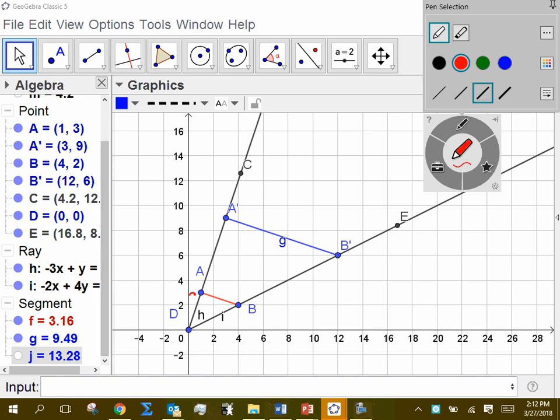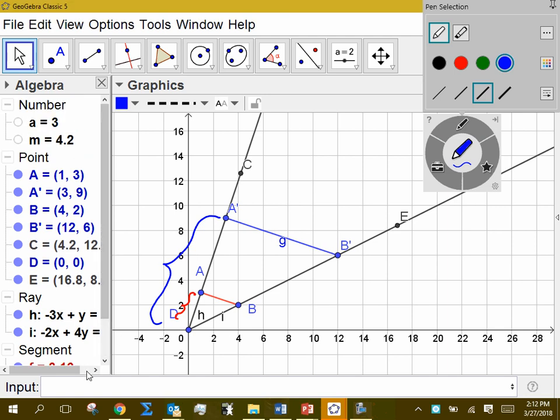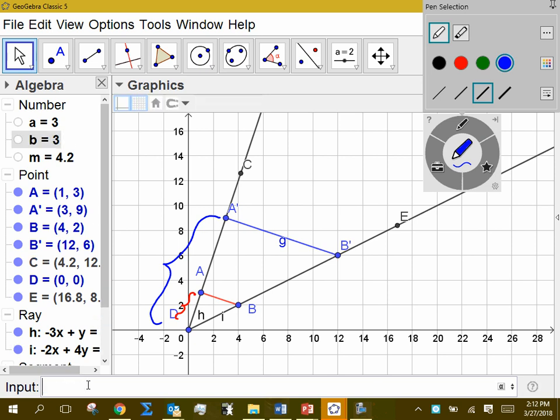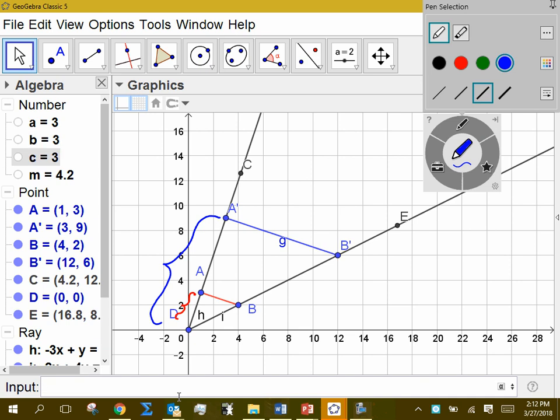If I look at that distance D to A, and I compare it to that distance D to A prime, what do you think that relationship will be? 3. It'll be 3. Okay. If I take D to A prime divided by D to A, you see that it evaluates to be 3. What about D to B prime divided by D to B? What's that going to be? 3. Okay.